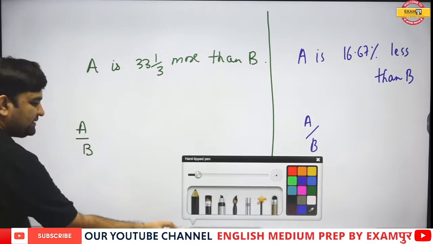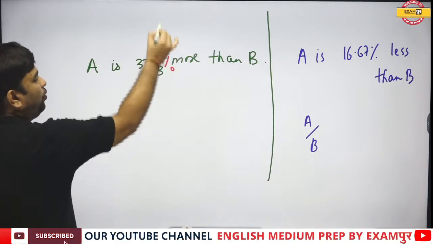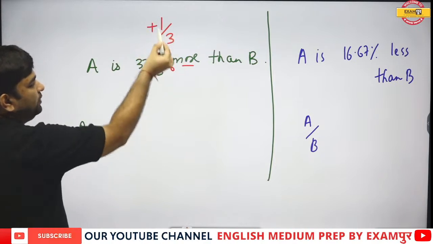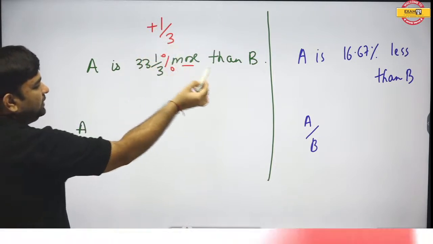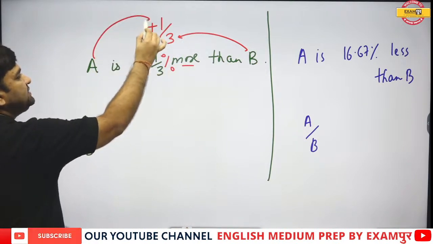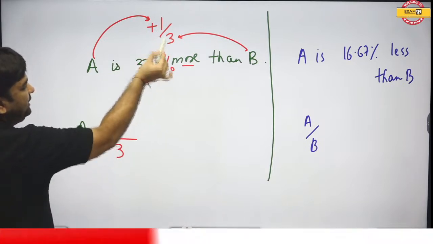33 1 by 3% is 1 by 3. More means positive sign. So if B is 3, A is 1 more, 3 plus 1, 4.